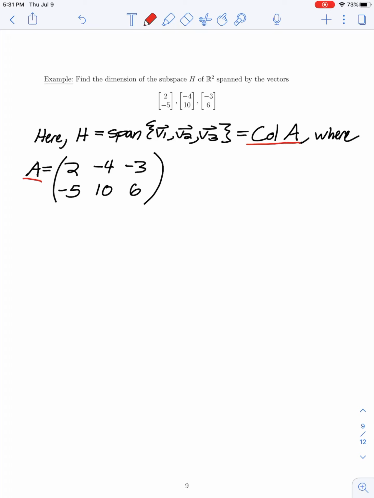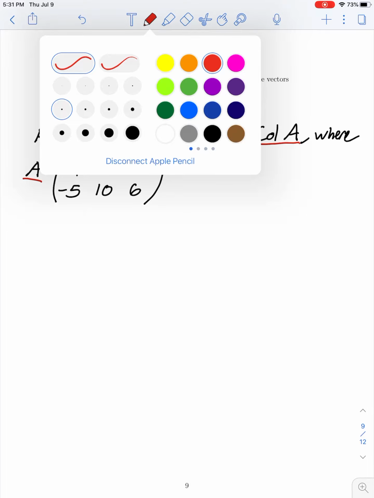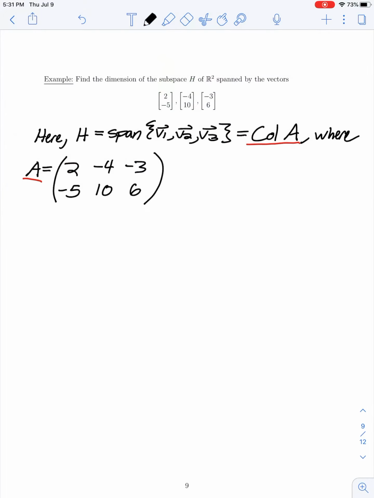So let's perform row reduction on this matrix to see if we could simplify a little bit. I've got a leading entry of 2 in my first row. I want to use that to eliminate the -5 in my second row.